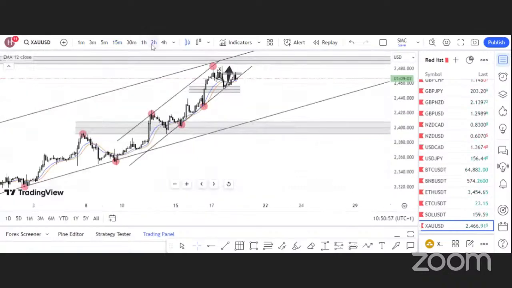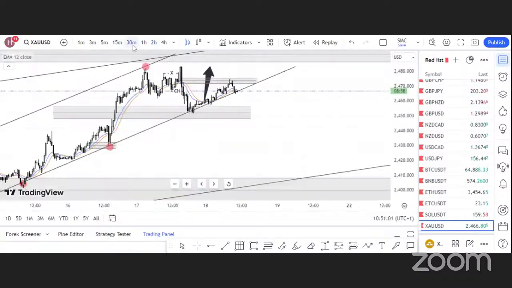Sometimes you can have all the confirmations, but you still need to consider what the higher time frame is also saying. If the higher time frame is saying that the market is going to buy, I don't think anything can stop the market from buying.